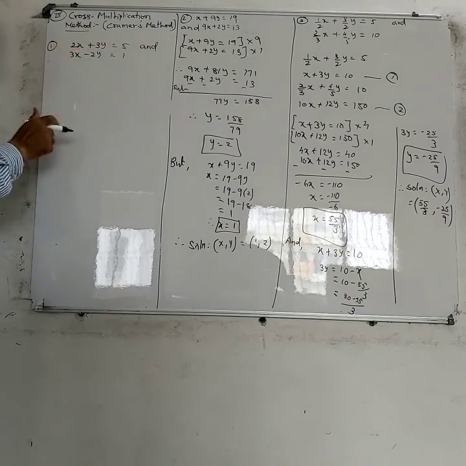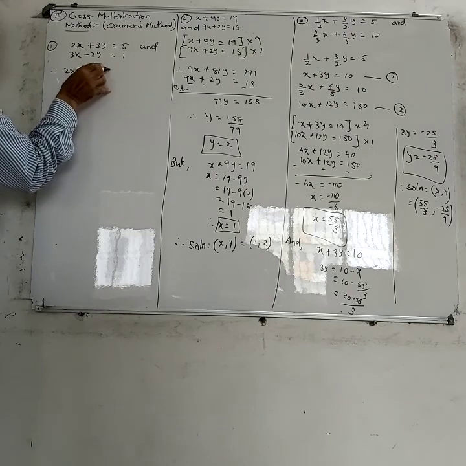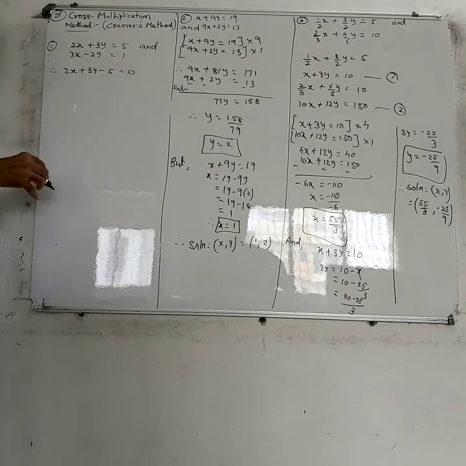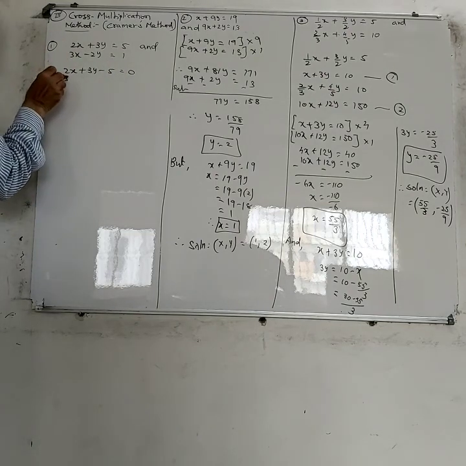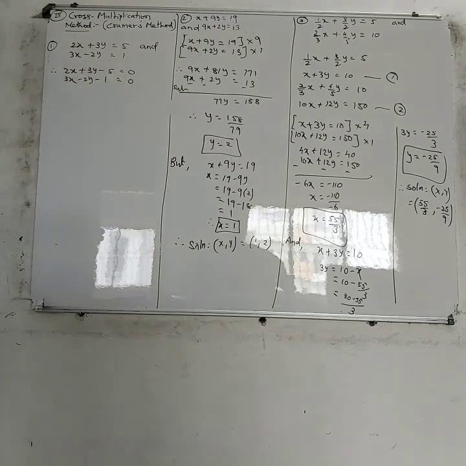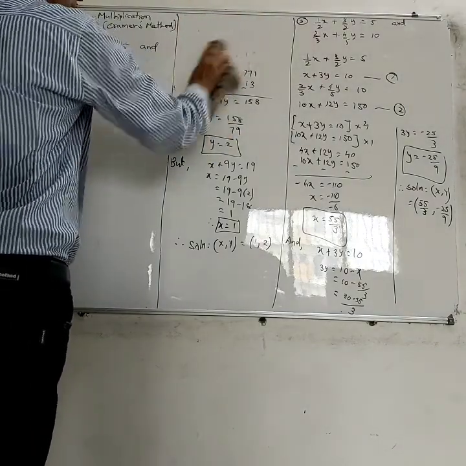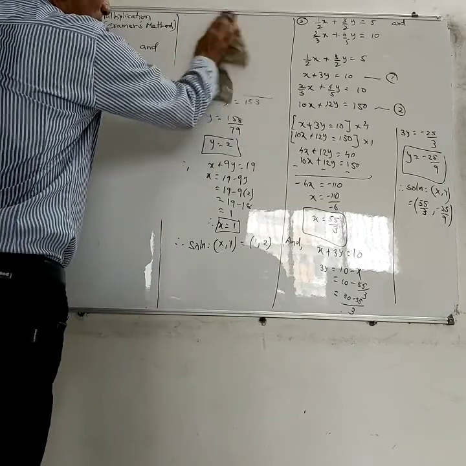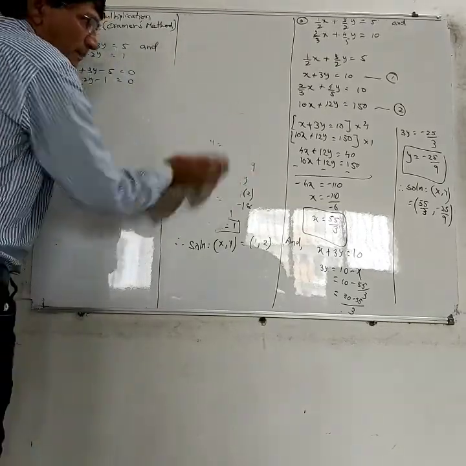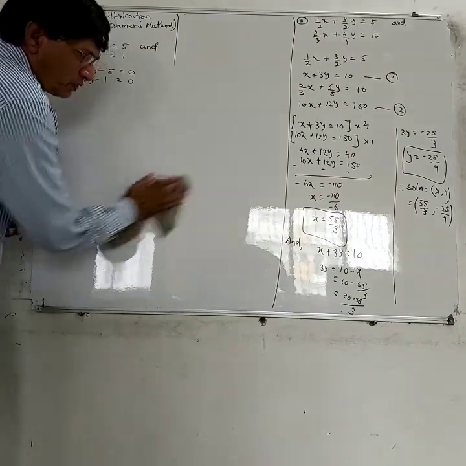First express this in standard form: 2x plus 3y minus 5 is equal to 0, and similarly 3x minus 2y minus 1 is equal to 0. Always begin with the standard form. If you do not, you will get it wrong. It's vital that you first write it in standard form and then proceed further, otherwise you will find difficulty with the minus and plus signs.